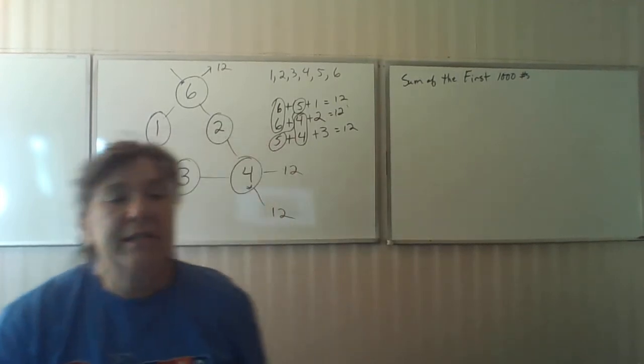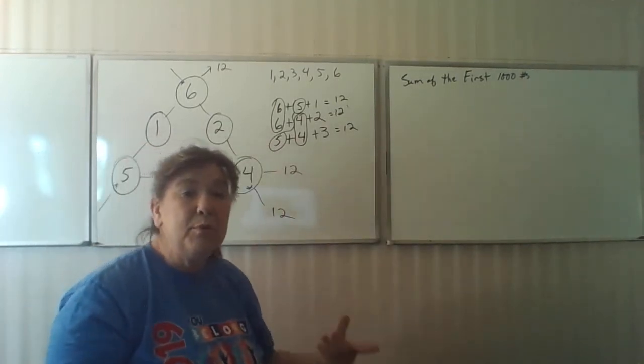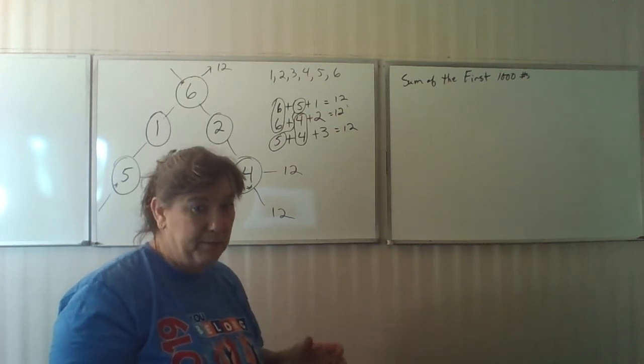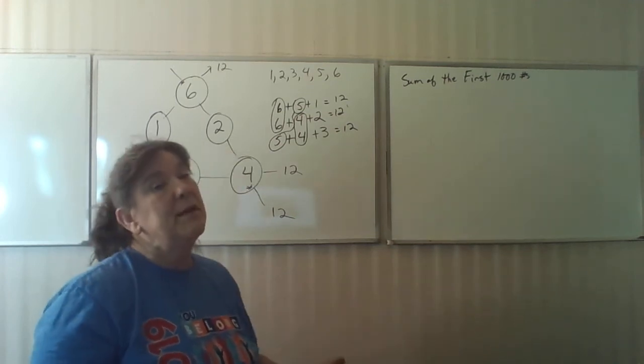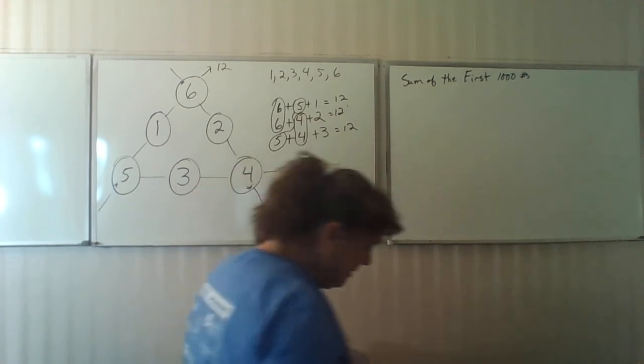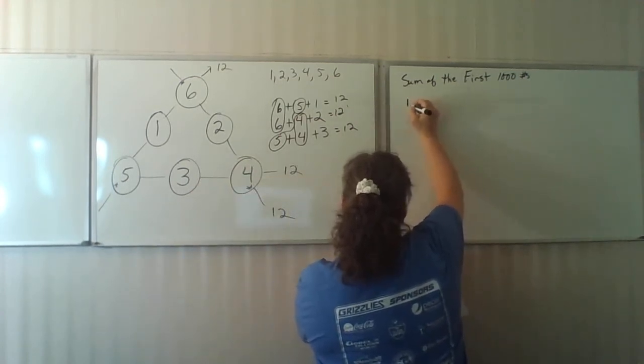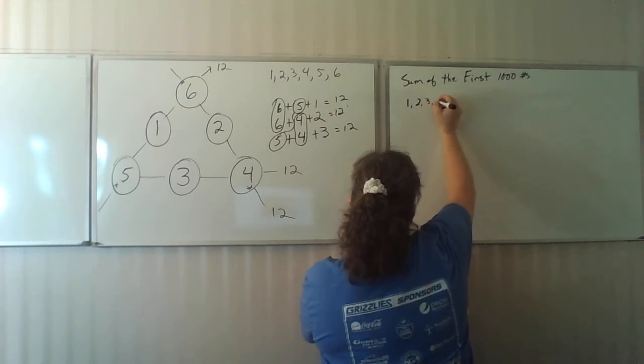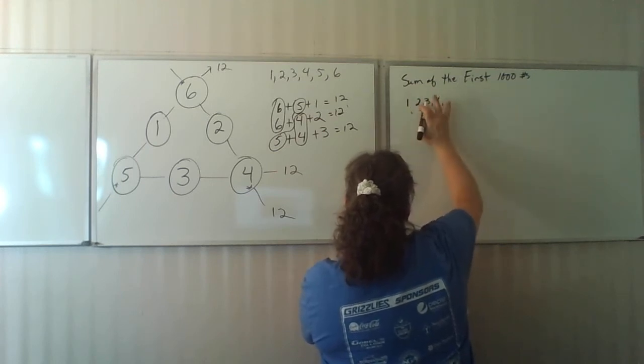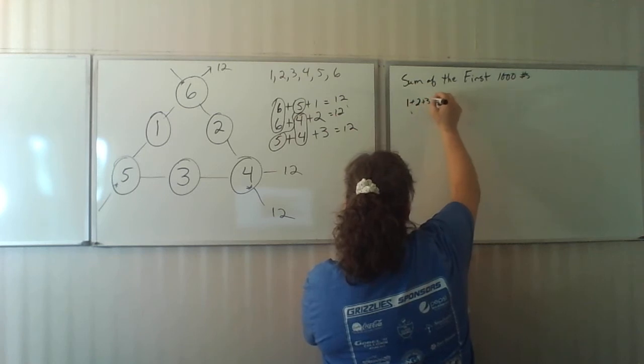So let's look and see if we can do a simpler kind of amount of numbers, add them up and see if we see a pattern to this, okay? So let's look at this. Let's do the first 10. 1, 2, 3, 4. Let's put a plus in between each one of them.